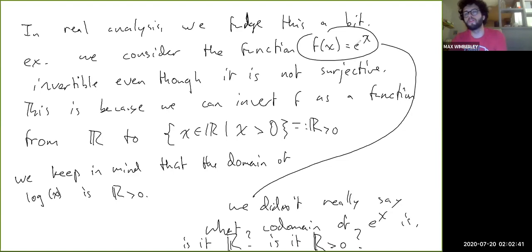So a lot of the time, we don't want to constantly talk about the fact that technically we can only invert this if we think of the codomain as being the positive real numbers.